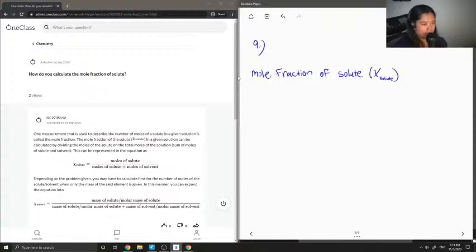So basically the mole fraction can be defined as the number of moles of solute in a given solution.